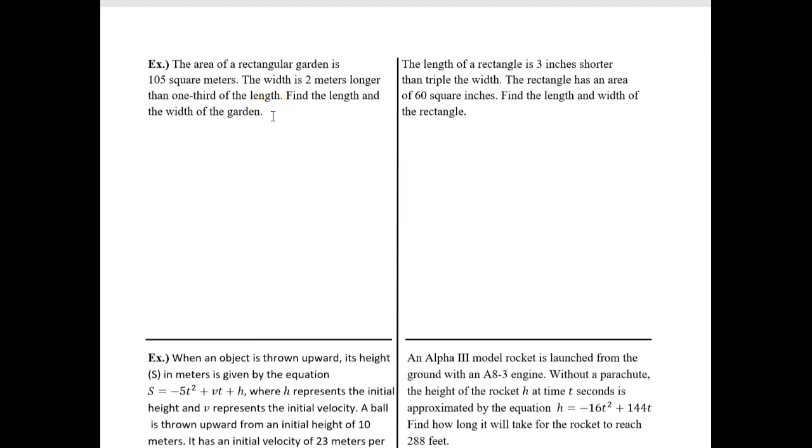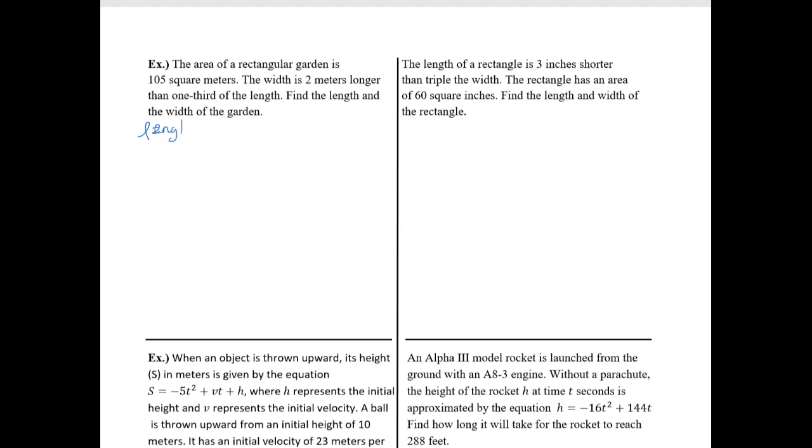Alright, so what we do is we start with what we don't know. I know something about the width. The width is 2 meters longer than 1/3 of the length. What I don't know anything about is the length. So the length is going to be my variable. Actually, let me write this out.